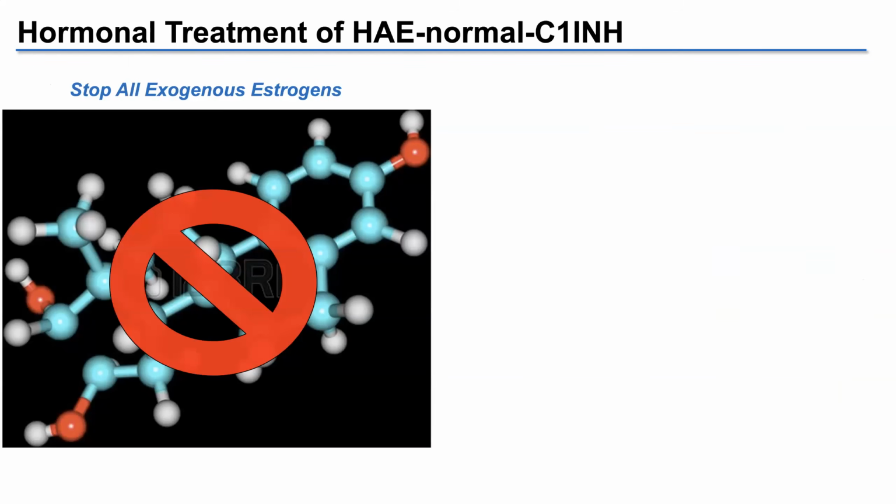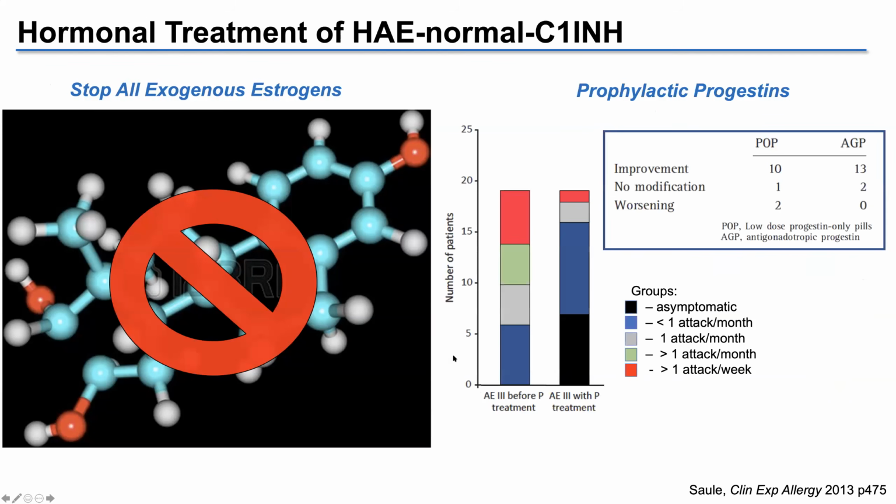In terms of HAE normal C1 inhibitor, stop estrogens if they're on it. This is the data from progestin therapy, which has been effective, as shown here, in improvement of most of the patients, worsening only in a couple and no modifications in a small number. So in women, you can give a progestin-only pill.